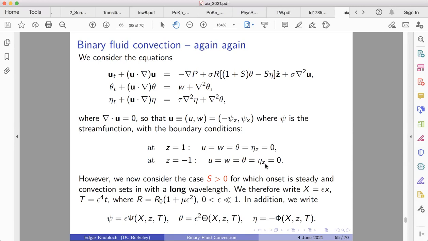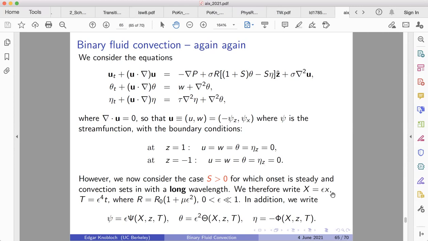And it's known that in that case, the onset wave number is 0. And so I'm going to use the onset wave number as an expansion parameter. So the calculation I'm going to do may look to you like a weakly nonlinear calculation. It is not a weakly nonlinear calculation. It's fully nonlinear, but it works because I'm assuming that the wave number is close to 0.